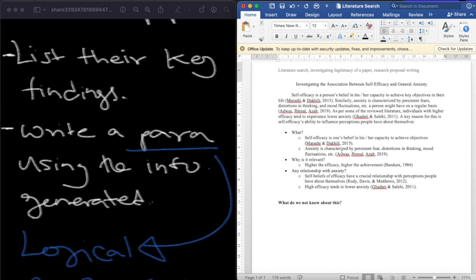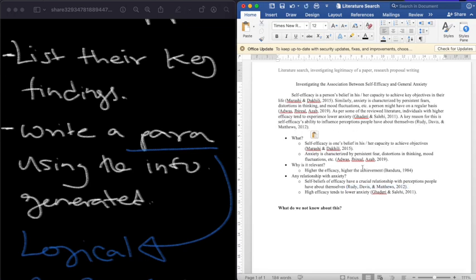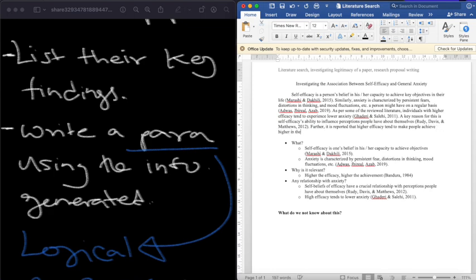Okay, let's say something like this. So I'm going to just write that here as well. Okay. Now that is also written here. Further, it is reported that higher efficacy tend to make people achieve higher in their lives.